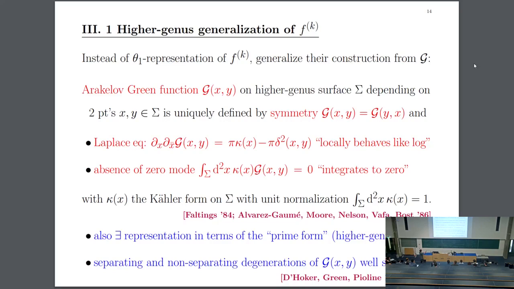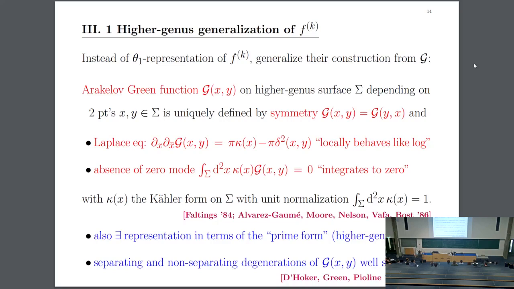But at higher genus, this requires a little bit more care. There is a particular volume form, kappa, out of many others, with respect to which you can impose a normalization condition. So this is the so-called Kähler form. And the Green's function is engineered such that it integrates to 0 with respect to the Kähler form, but not necessarily to others.